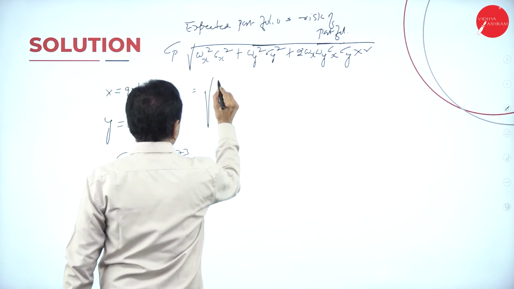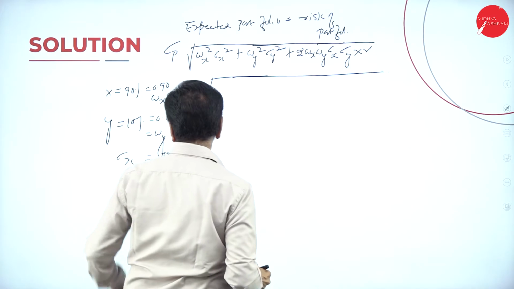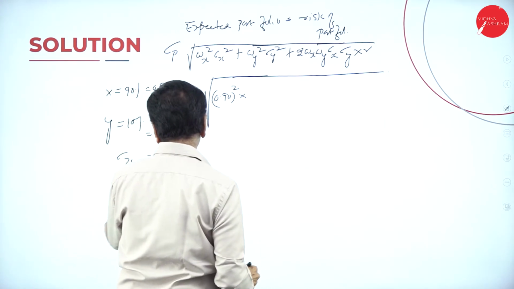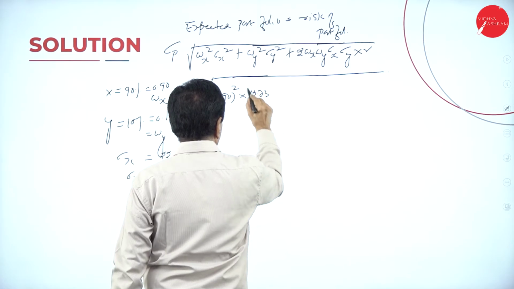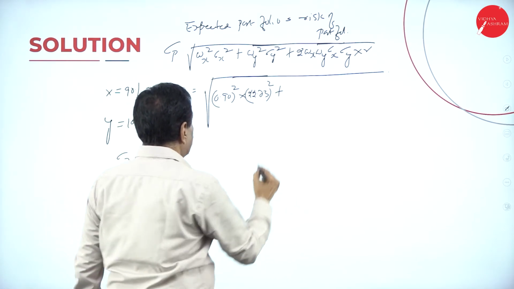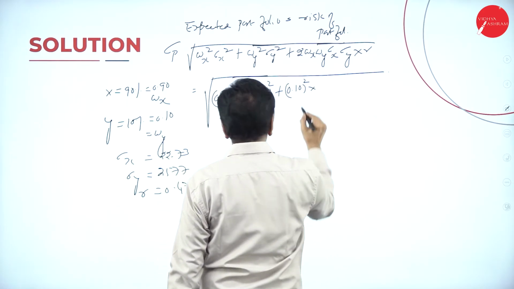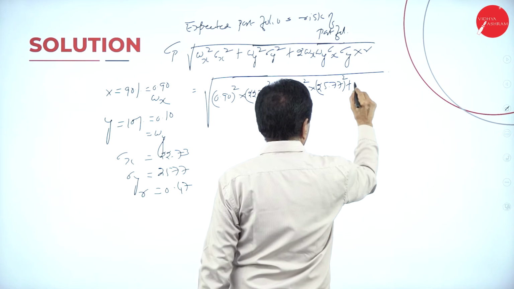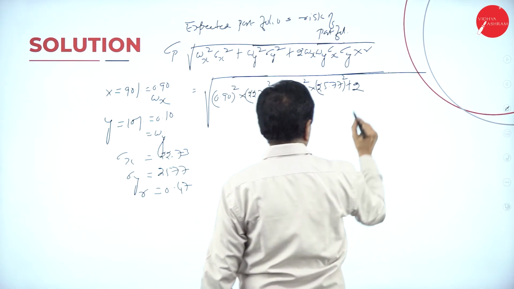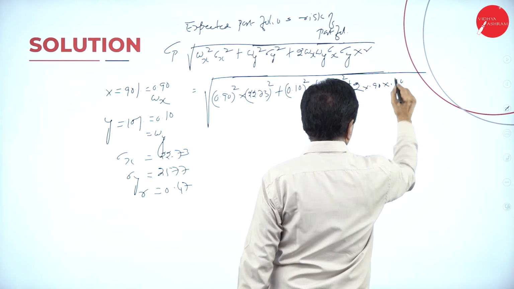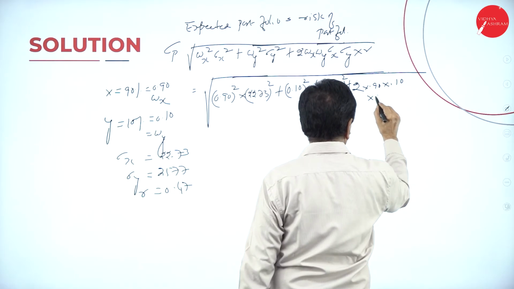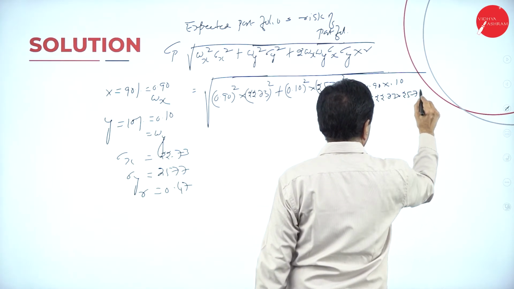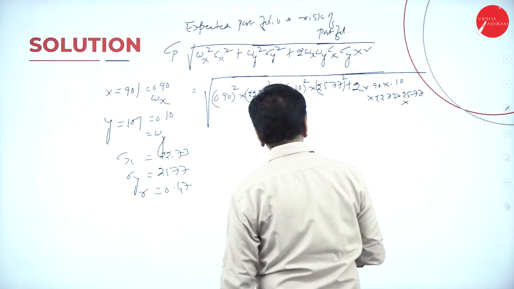Sigma P is equal to root of 0.90 whole square into 22.73 whole square plus 0.10 whole square into 25.77 whole square plus 2 into 0.90 into 0.10, 22.73 into 25.77 into 0.47.